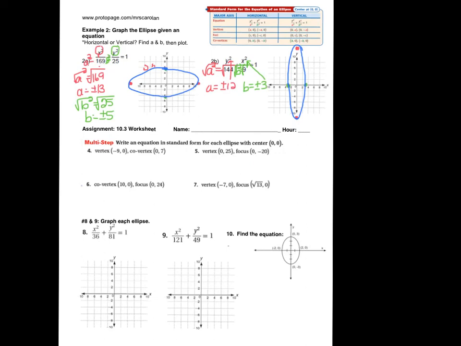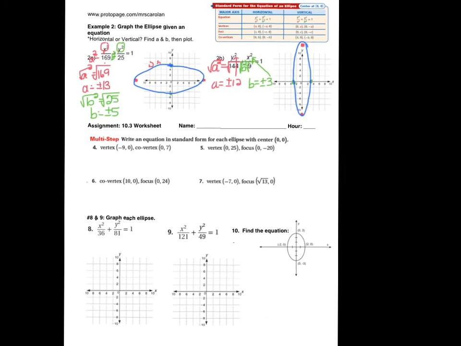So if you look at number 8, if you were to square root the 36, you'd get plus or minus 6. And if you square root the 81, you'd get plus or minus 9. The 6 would go on the x-axis, so right here and right here. And the 9 would go on the y-axis right there and down there.